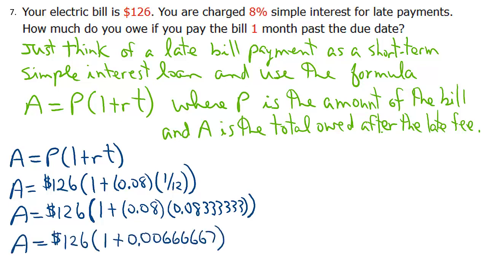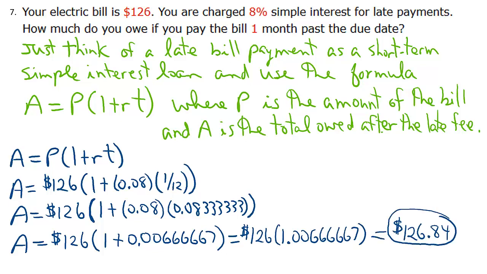If you multiply those numbers together, you get 0.00666667, and if you add 1 to that, you get 1.00666667, and if you multiply that by 126 and round it off to the nearest cent, you get $126.84. So that $126 electric bill you owed becomes a bill of $126.84 if you pay it 1 month late.